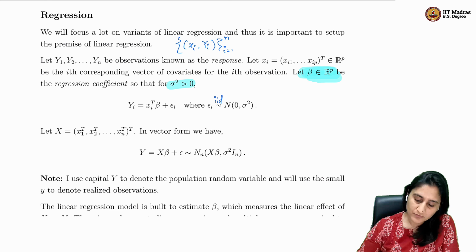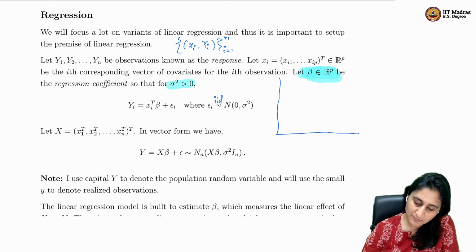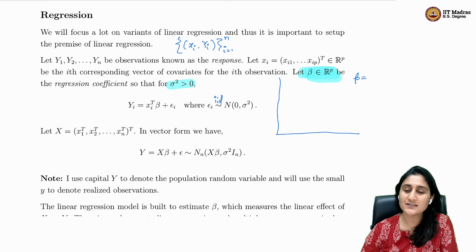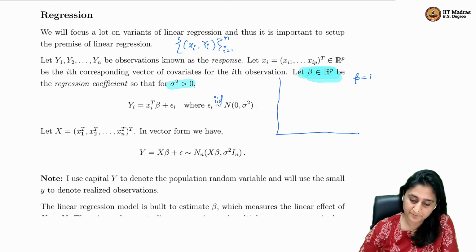So the idea now is that if I take my x, so let's say my p is just equal to 1, that means I only have one xi over here, right? I don't have the rest of the vectors, I only have one observation.